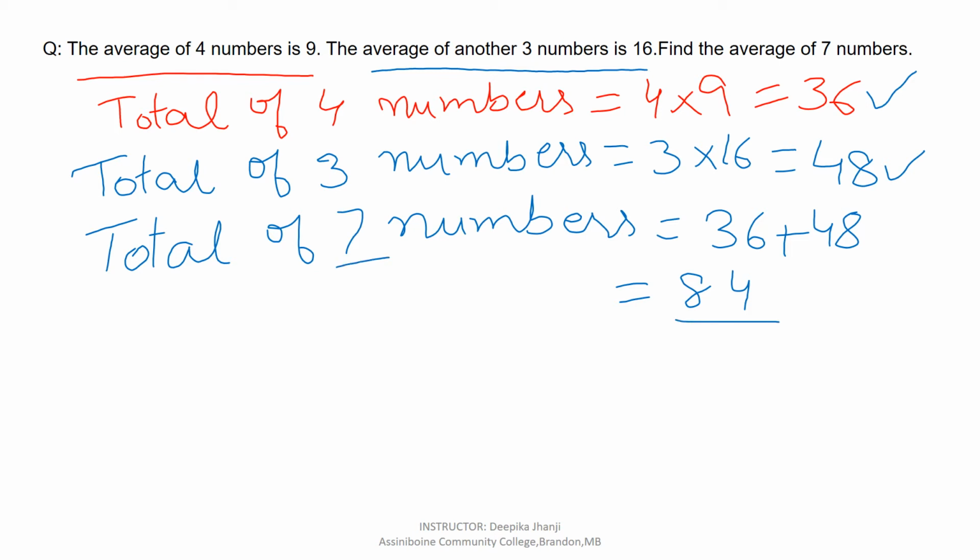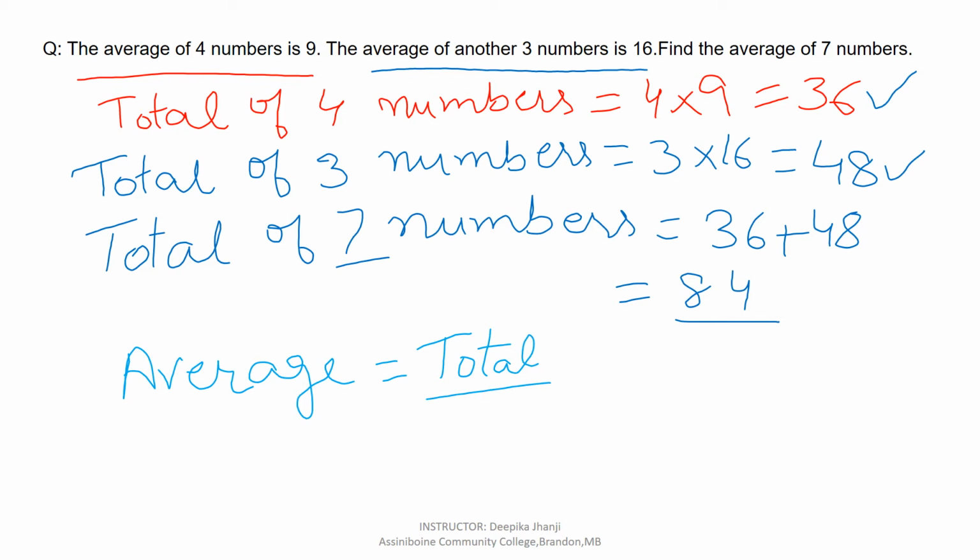Now we'll go reverse to calculate the average. So average is total divided by n, right? Now the total is 84 and n is 7 because we have total number of observations now, 4 plus 3. So it is 7. So that comes out to be 12.